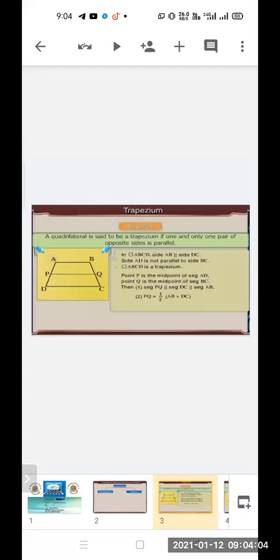If a line is parallel to another, it will be parallel to the other line as well. So PQ is parallel to DC, and we have seen that AB is parallel to DC. Also, in the midpoint theorem we are going to find that PQ is half of AB plus DC. We will discuss this in the next slide.